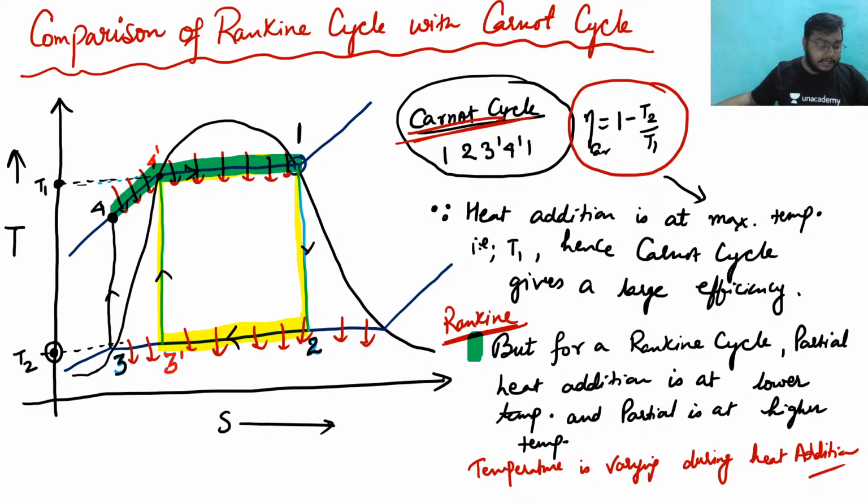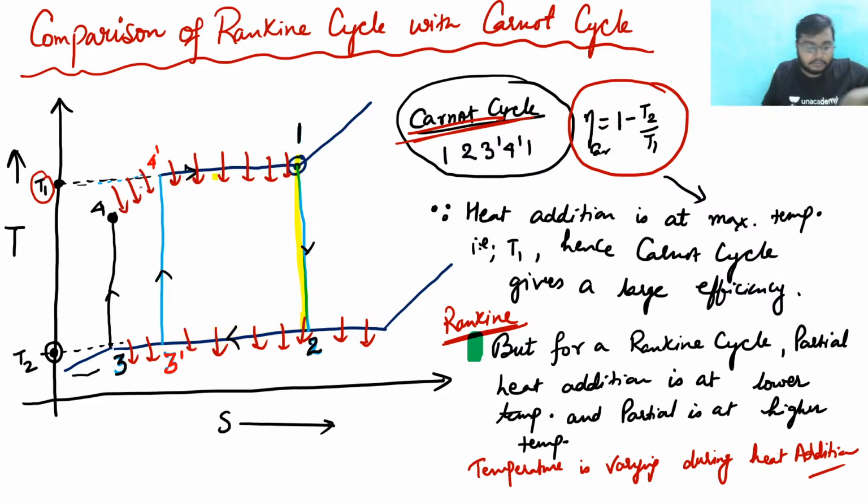Partial at higher temperature means what? See here, suppose this temperature is any value, throughout this. Okay, sorry.